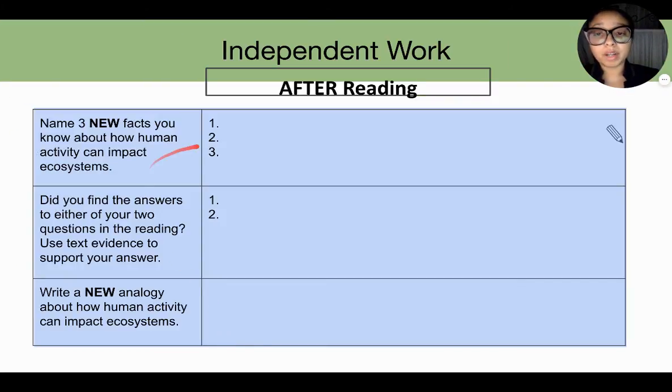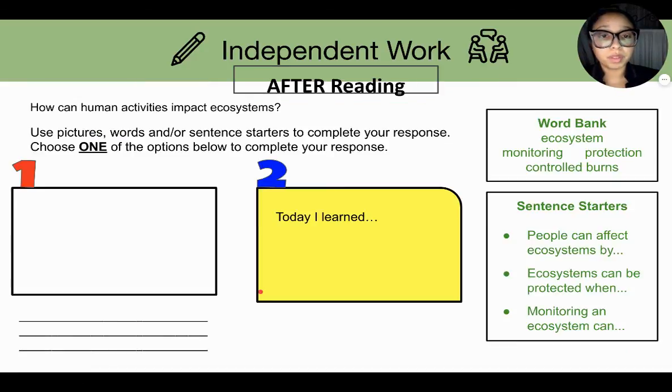Now you may complete the graphic organizer your teacher has already provided for you. Or you can complete one of these exit slips for this lesson. You will answer the question, how can human activities impact ecosystems? You can use pictures, words, and/or sentence starters to complete your response.